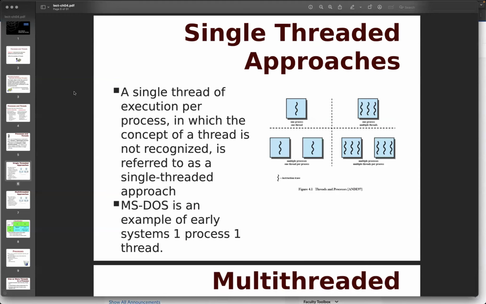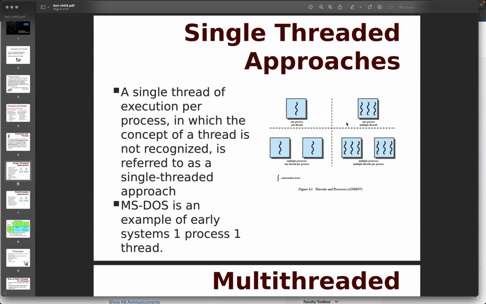If we look at the map here, this is called the single-thread approach. There is a single thread of execution per process, which is the concept at first, referred to as the single-thread approach. In the map, one process has one thread.